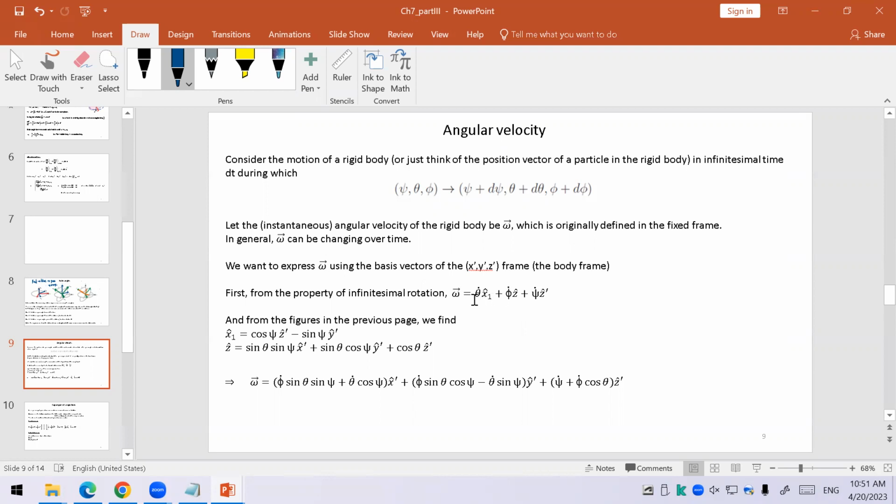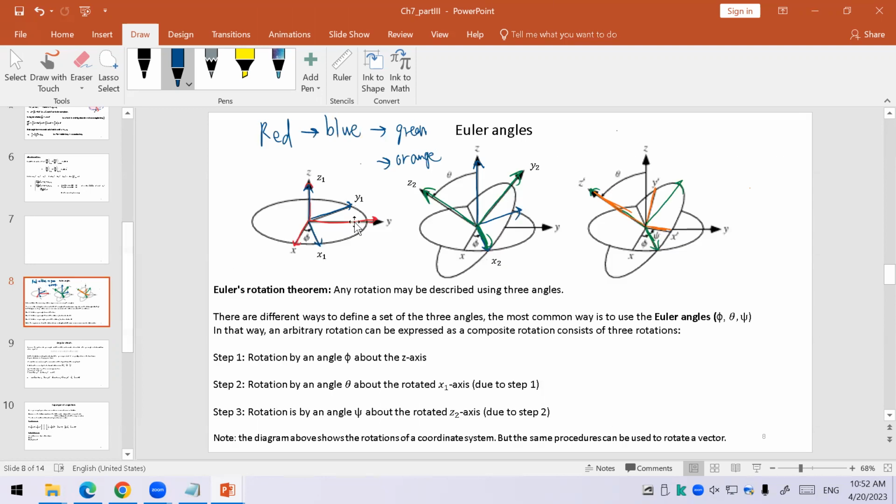Therefore, using these three angles, I can write it as a vector with three components. And now just be very careful about these three unit vectors. What is x1, what is z, and what is z prime? Okay, just follow these diagrams over here. Okay.